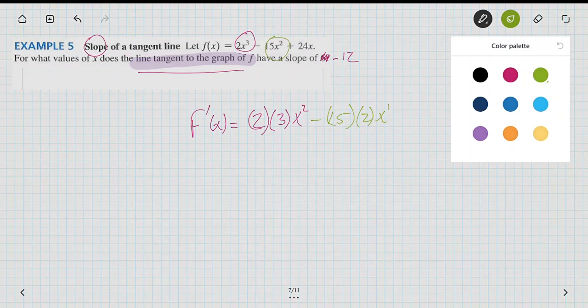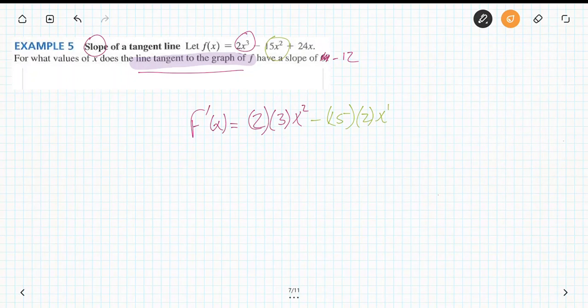And always remember that the exponent of that x term in front of 24 is 1. So similarly I do the same thing: leave the 24 out because that's a constant, multiply by the exponent and then subtract 1, so I get a 0 there. If we put it all together, f prime of x is going to be 6x squared minus 30x plus 24.